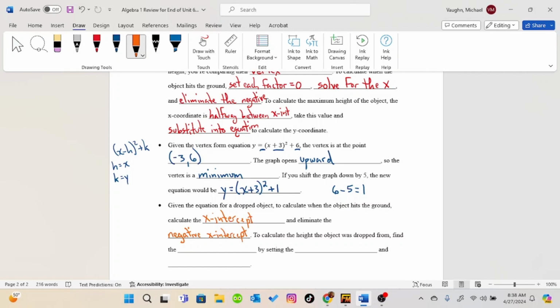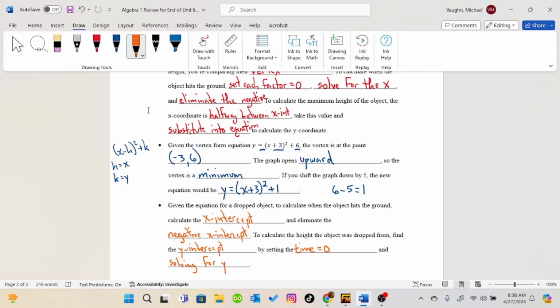To calculate the height the object was dropped from, find the y-intercept by setting the time equal to 0 and solving for y.